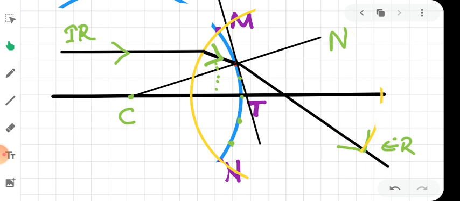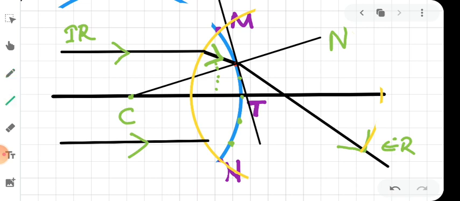Okay, so that's your refraction. That's how it looks. So this is how light rays are made to deviate by this convex lens. Similarly, you can draw for the case of a light ray coming this way, a light ray coming that way. So what happens to that light?